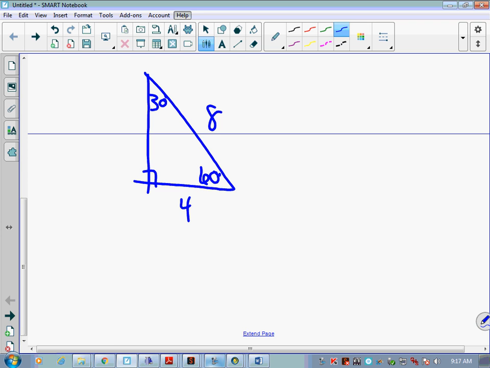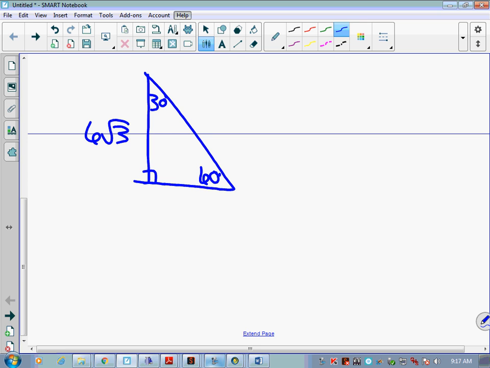What is going to be my side opposite 60? 4 radical 3. Very good. That's a pretty easy one, because we start with the short side and everything's built around it. Let's try a slightly more difficult one, and we'll work our way up. Let's say that this is 6 radical 3.